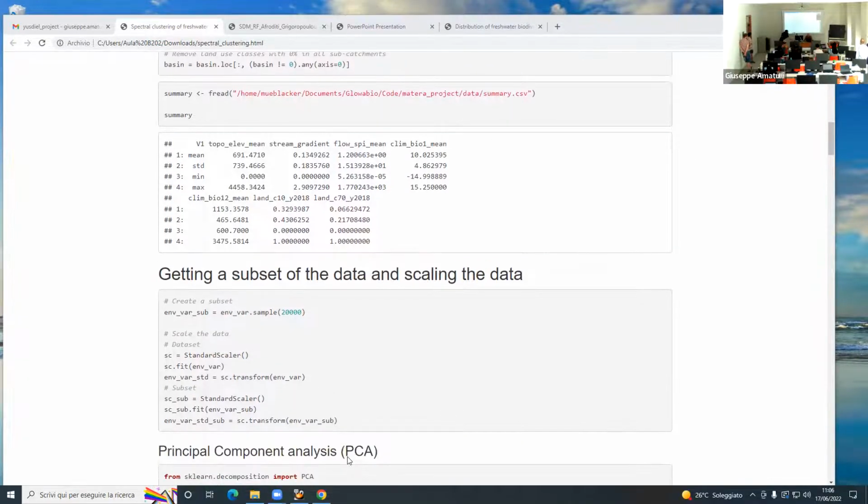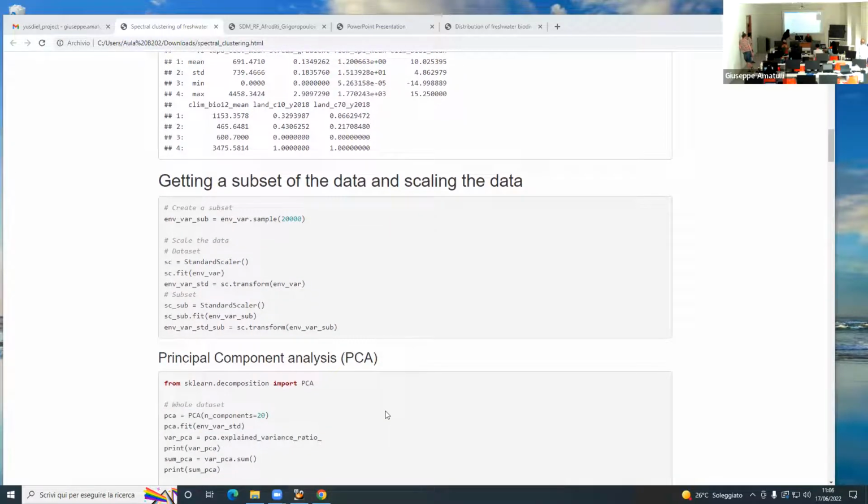I did this for both data sets, the whole data set and the subset. Then Antonia advised me to explore my data a bit with the principal component analysis to see if the subset is somehow representative for the whole data set.